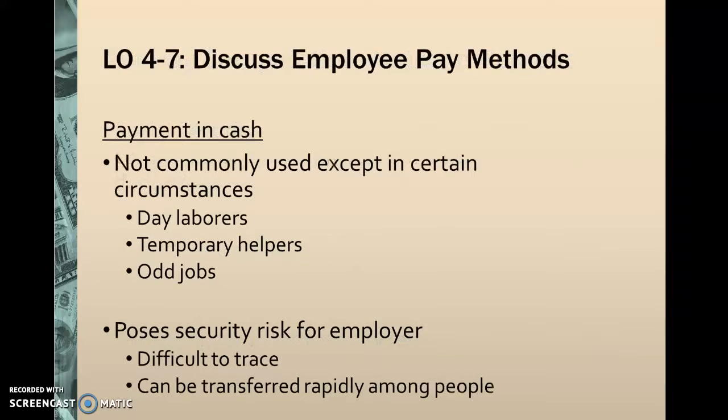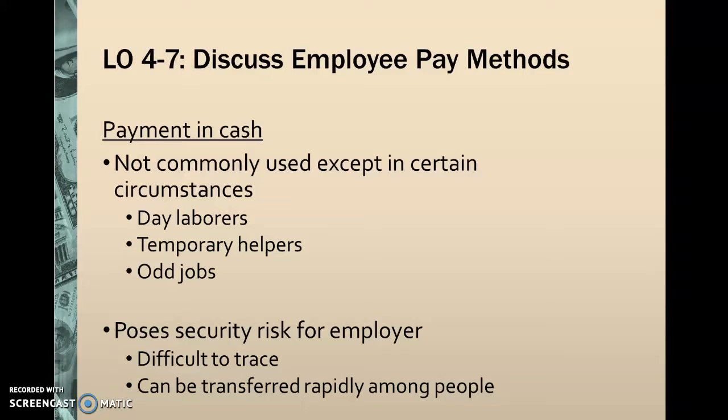All right, learning objective number 7. This is the last learning objective in this chapter. Some ways that employees can get paid. They can get paid in cash. It's not commonly used just because there's no record of what is being deducted off the payroll check.